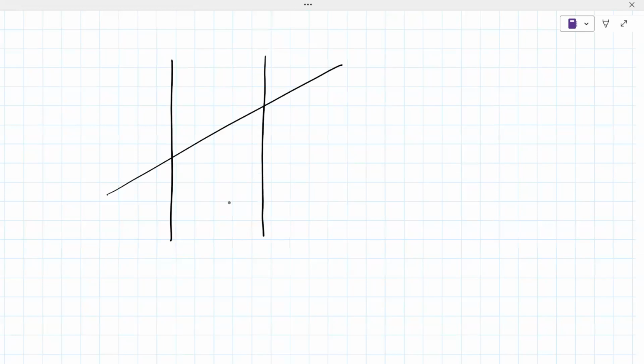Okay, let's try another problem here. So the parallel lines do not have to go horizontally, they can go vertically. What kind of angles are these?